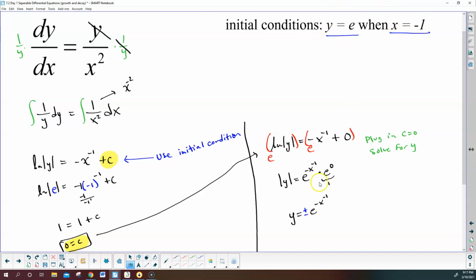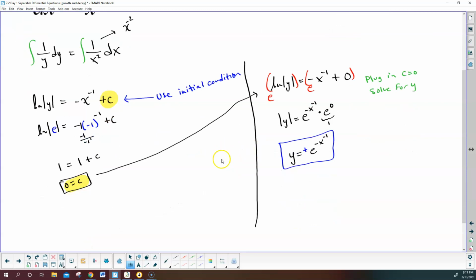So in your brain, if you take negative 1 and plug it in here, negative 1 to the negative first power is going to be a negative, and a negative of a negative, so this will be positive 1. Well, the only way e is going to be a positive e is if we take the positive value. So that's kind of tough for students to think of right away. But I want you to just know the sign of this answer is based off of the initial condition.